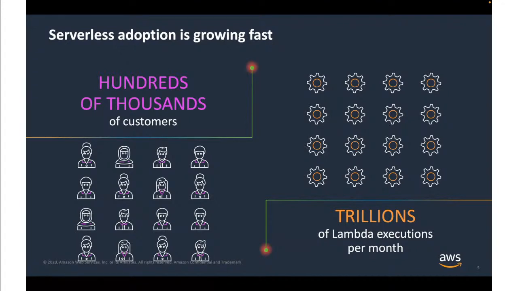We launched the Lambda service close to 6 years ago, and today we have thousands of customers who have built applications that already drive trillions of invocations per month on our platform. And it continues to grow at a phenomenal rate. These are some of the statistics that I wanted to put in front of you just to appreciate how much difference serverless technologies have made for our customers.